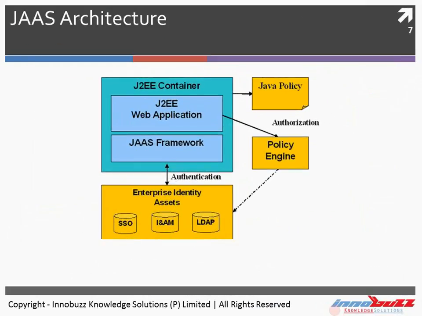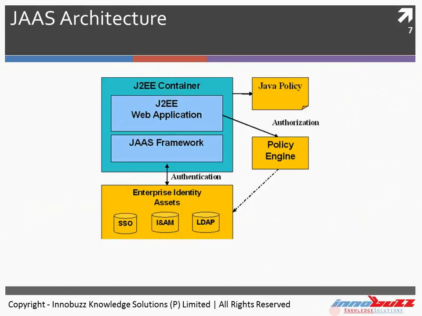This architecture is based on the J2EE container, that is Java Enterprise Edition, within which we use a web application which runs in the J2EE container and uses the JAS framework for authentication and authorization services.